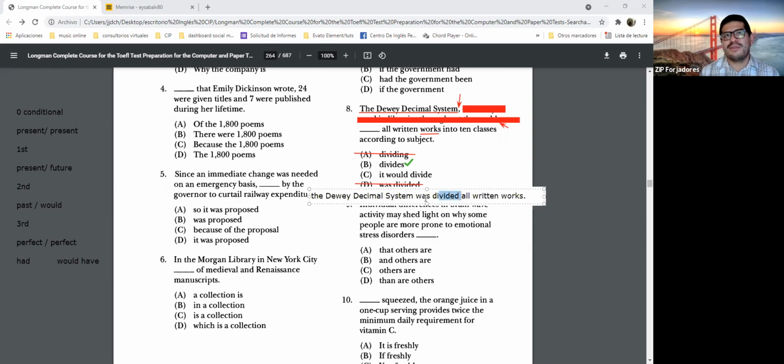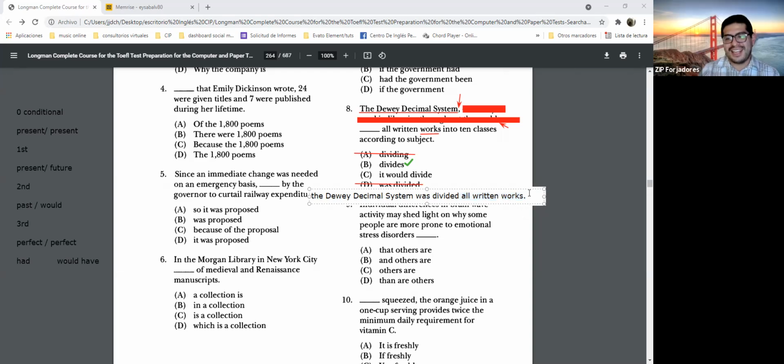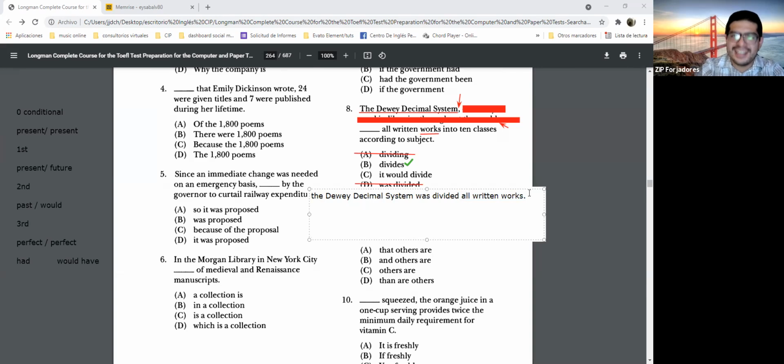Yes, well, this part is correct, but the thing is this one, all written works. We need to say who did the action, in a prepositional phrase. So let's see. With by, exactly. Okay, so it would be correct, and I'm not sure if we put here by, it doesn't make much sense, but that would be the correct structure.